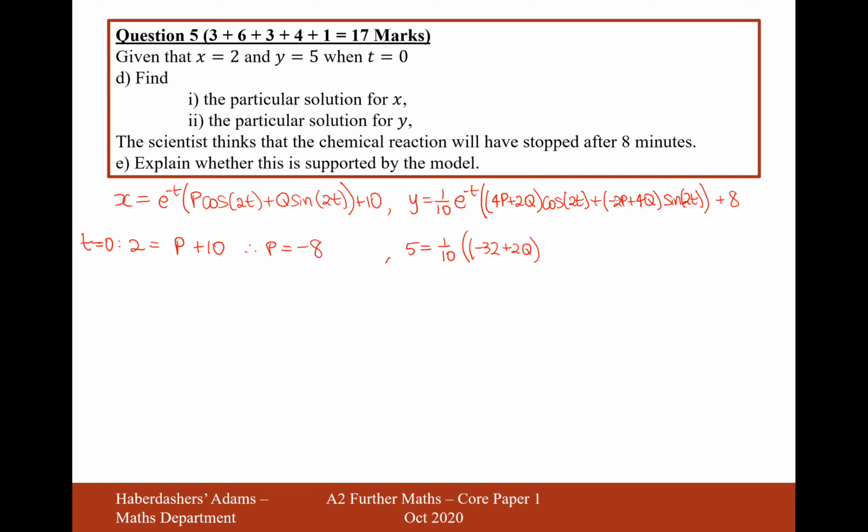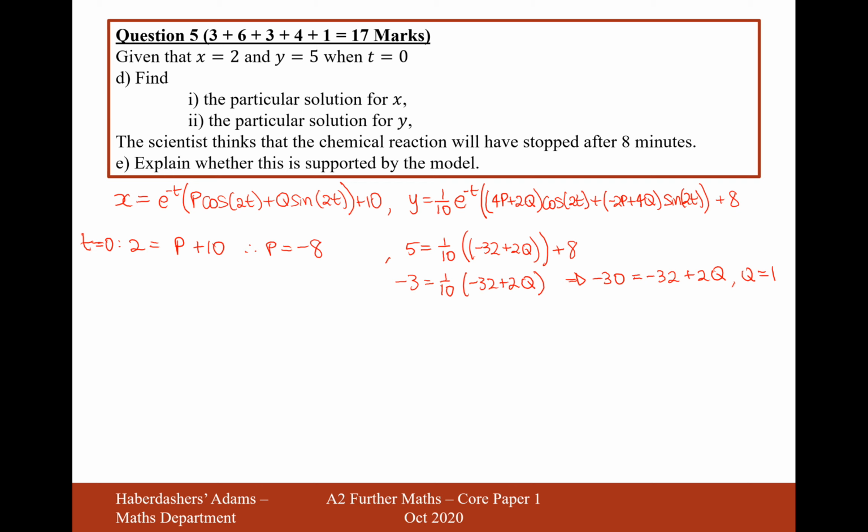Cos of 0 is 1, sine of 0 is 0, so then we'll have the plus 8. So then we'll move that onto the other side, so it's going to be minus 3 equals 1/10 lots of minus 32 plus 2q. And let's start rearranging it, so it's going to be minus 30 equals minus 32 plus 2q, so therefore it's obvious now that q needs to equal 1.